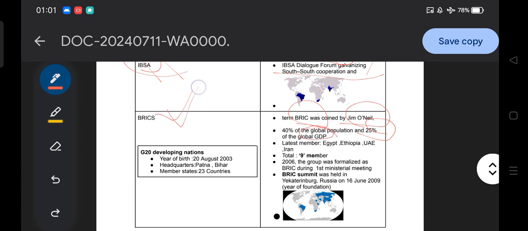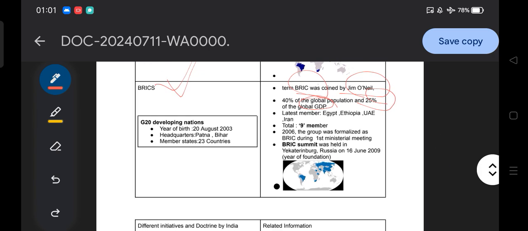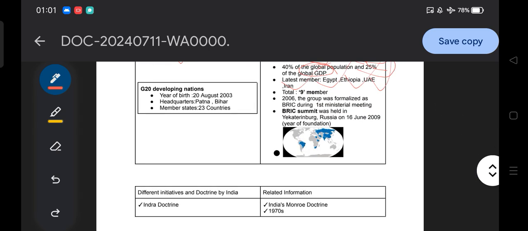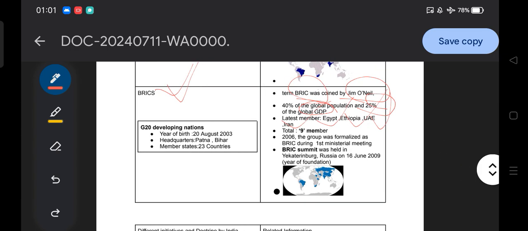The latest members who joined BRICS are Egypt, Ethiopia, UAE and Iran. If they ask how many members are there in BRICS right now, a total of 9 members.